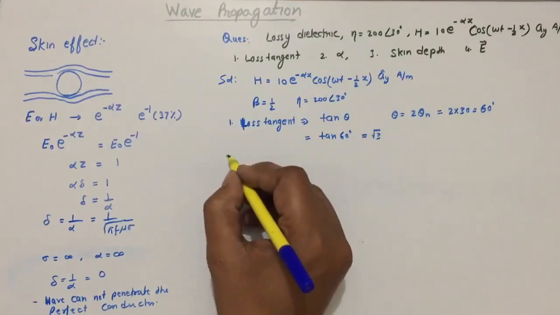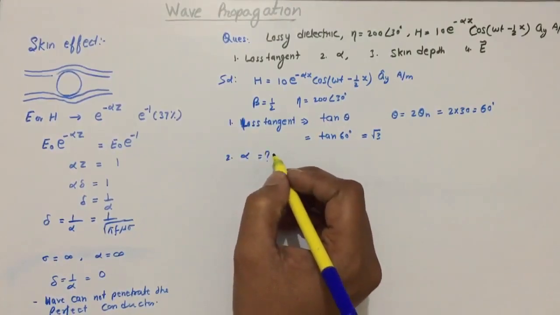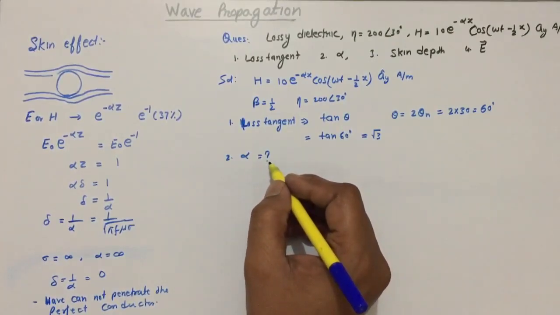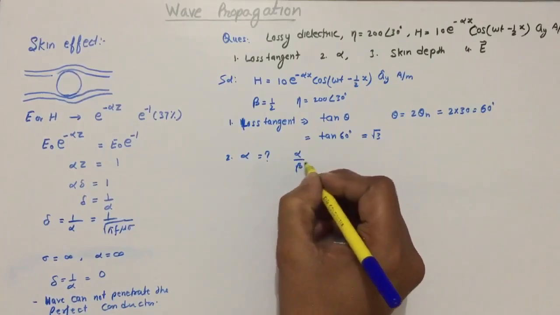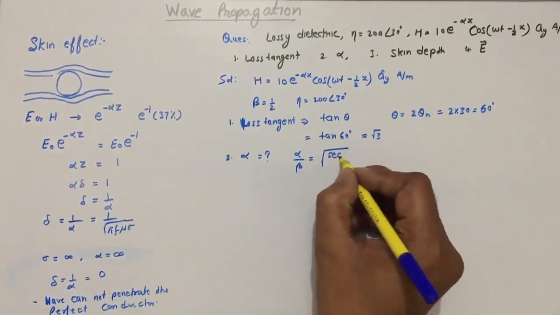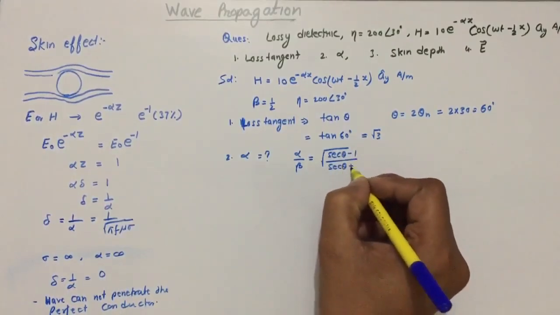Now the second thing is to find alpha. As we know, one relationship between alpha, beta and theta, if we recall, is alpha divided by beta equal to the square root of (sec theta minus 1) divided by (sec theta plus 1).